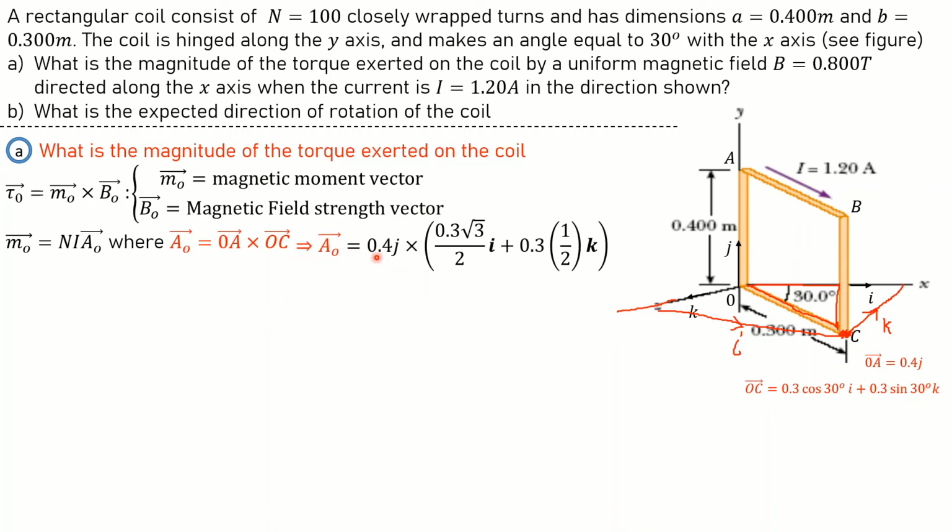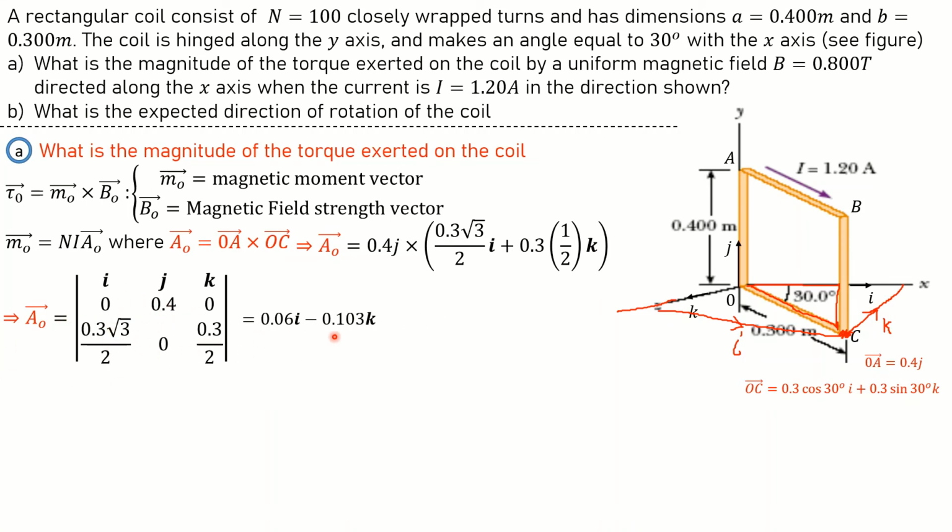Now we do the cross product, so we have 0.4j cross with cosine 30, which is root 3 on 2, times 0.3i plus 0.3 times sine 30, which is half, times k. Now we can do that in the determinant form. We get this result as the vector A0.